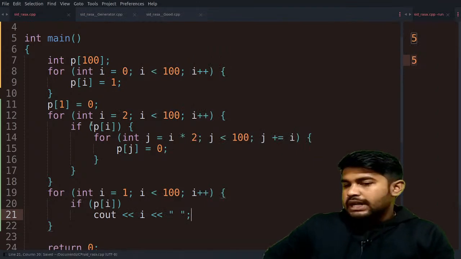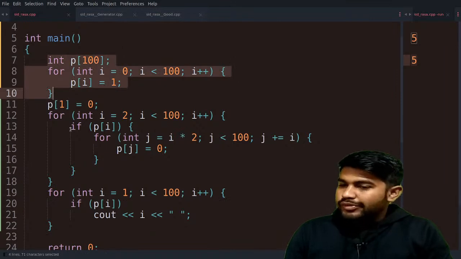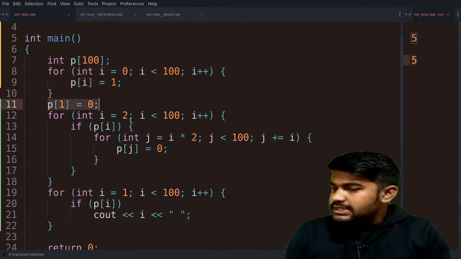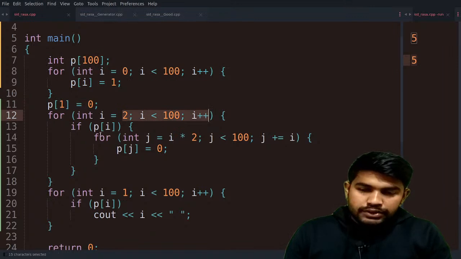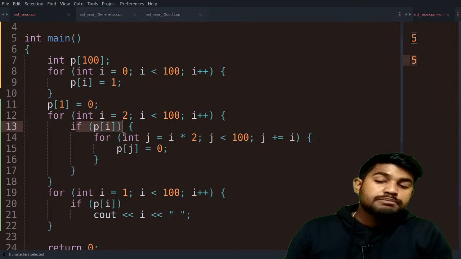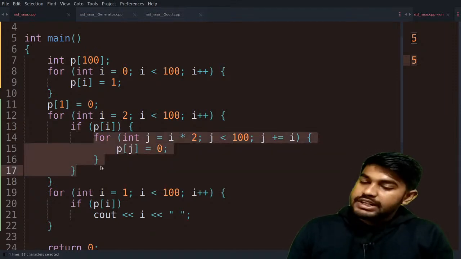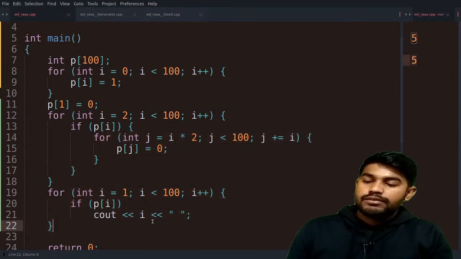Now let me do a revision once. So p of everything would be made true, and 1 is handled explicitly. We would go from 2 to 100. Then if the particular value is a prime number, we would mark the multiples of that prime number as not prime. This is what we have decided, we did that and we have written.